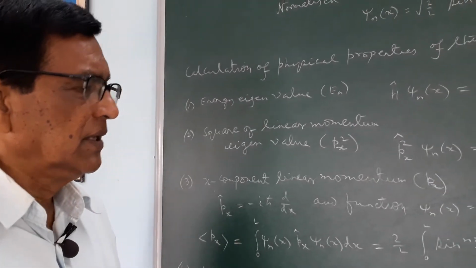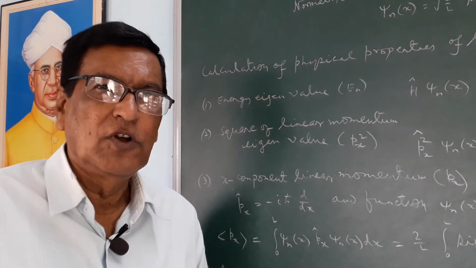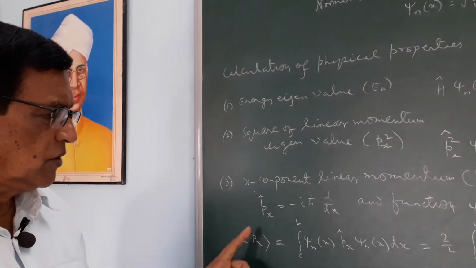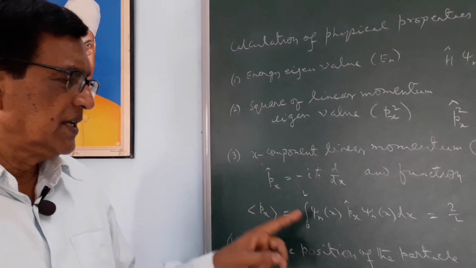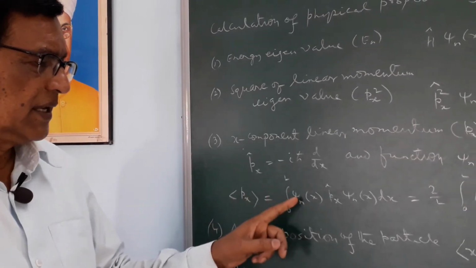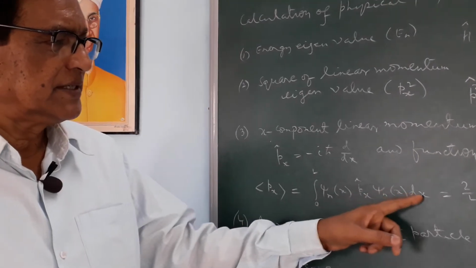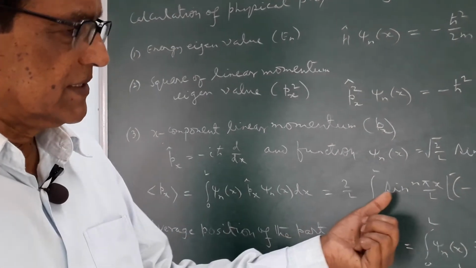So we try to calculate this expectation value, or the average value, of this Px. The average value of Px, according to postulate number 3, equals the integral from 0 to L of psi_n(x) Px operator psi_n(x) dx.